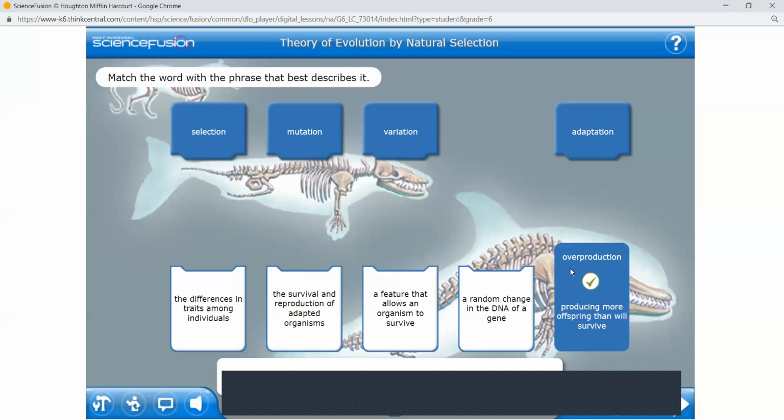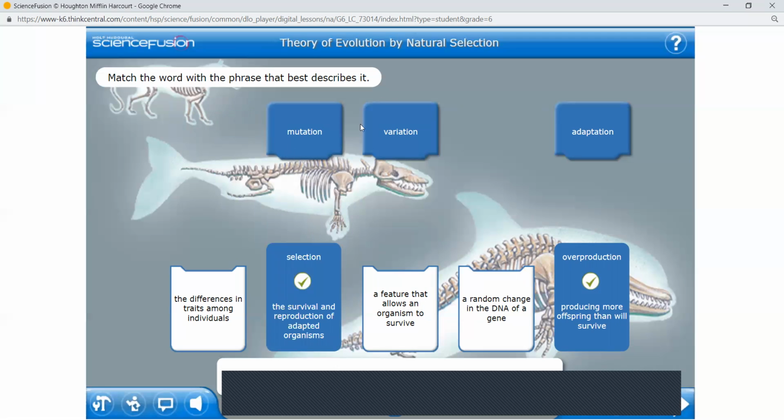It's mutation, sorry. Here, a feature that allows an organism to survive. Let us read more. It's the survival and reproduction of adapted organisms. This is what? Selection. The survival and reproduction of adaptive organisms.